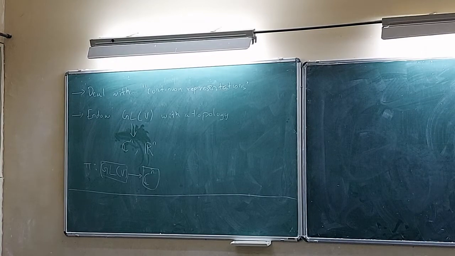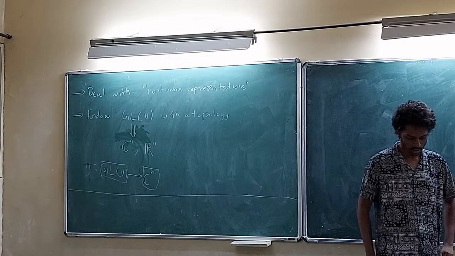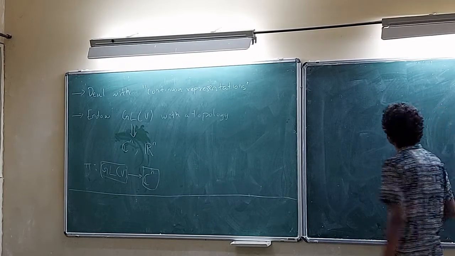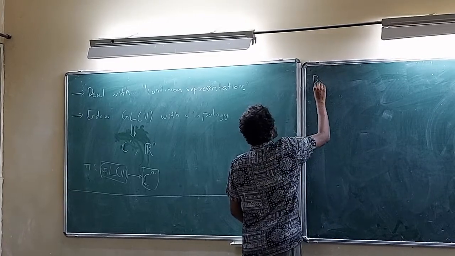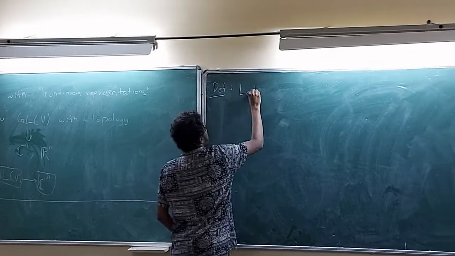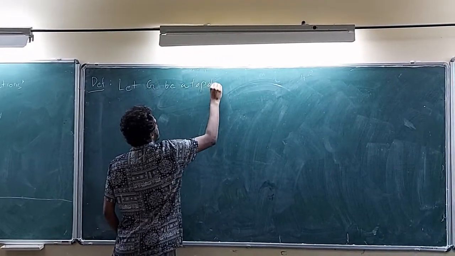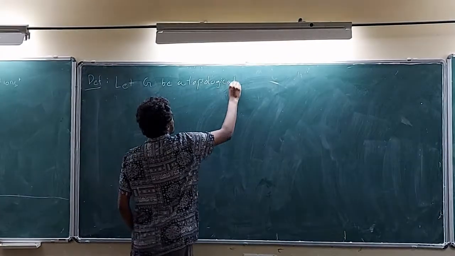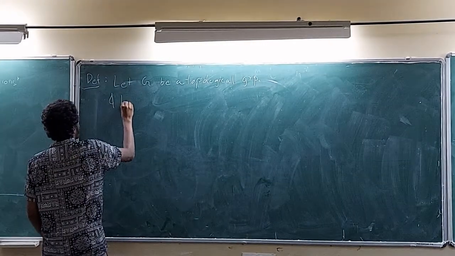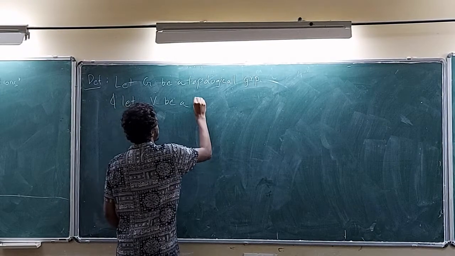So now that we have endowed GL(V) with the topology, we can go ahead and define what a continuous representation will be. And it is as you will expect, that is, let G be your topological group, and let V be your finite dimensional vector space.